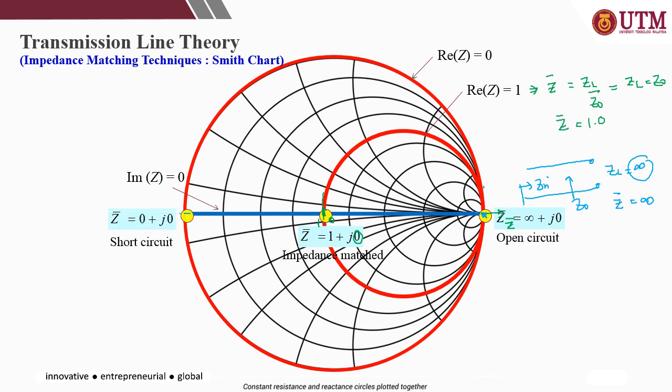On the far left is the short circuit. When ZL equals 0, the normalized impedance for a short circuit equals 0. Again, when the point lies on the blue line, on the horizontal line, the imaginary part is 0.